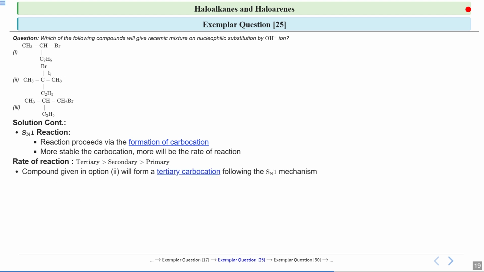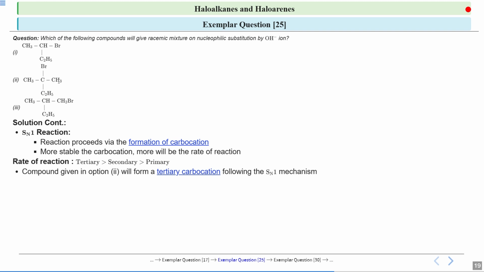So the compound given in our options, in the second part, is actually a tertiary alkyl halide, which will follow the SN1 mechanism to react via nucleophilic substitution. If you observe the second compound, the bromine is present on the carbon which is attached to 3 other carbons, right? So this is a tertiary alkyl halide.